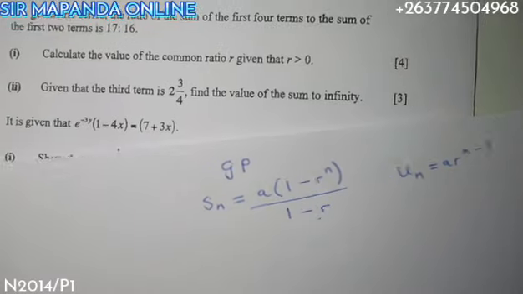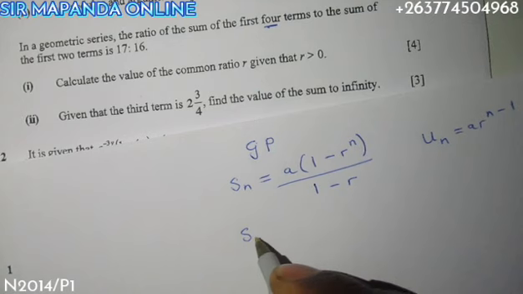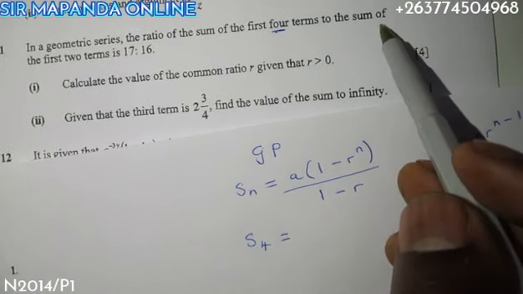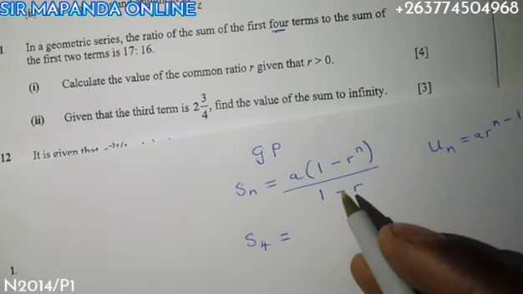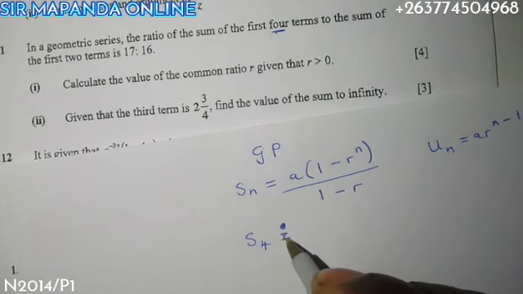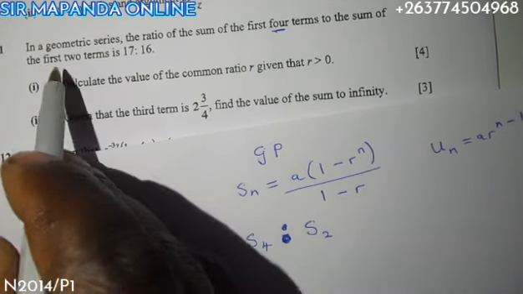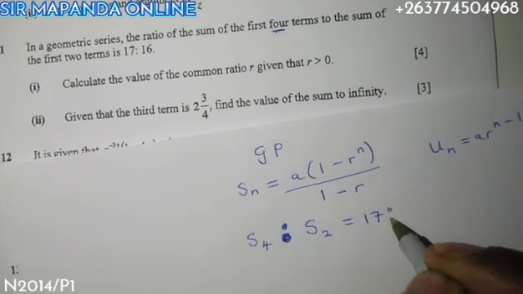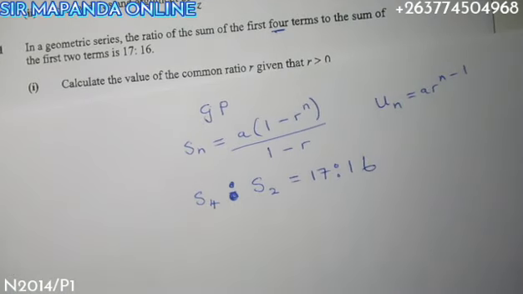So they are saying the sum of the first 4 terms, which is S4 in this case, to the sum of the first 2 terms is equal to 17 over 16. I hope you are following.